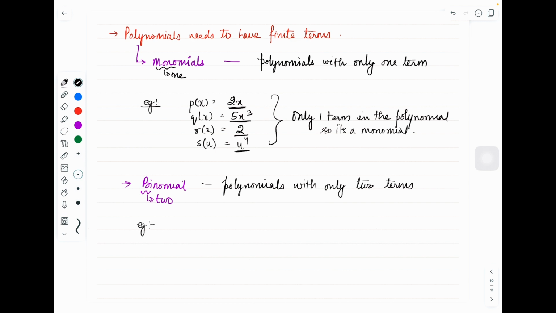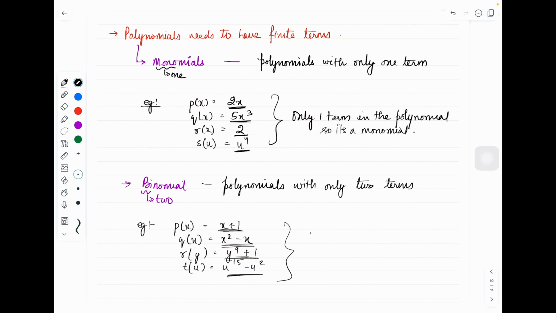Examples: if the polynomial contains two terms only, those are binomials. p(x) equals x plus 1, similarly q(x) equals x square minus x, r(y) equals y to the power 9 plus 1, t(u) equals u to the power 15 minus u square. See, here only two terms are there. Here also two terms.